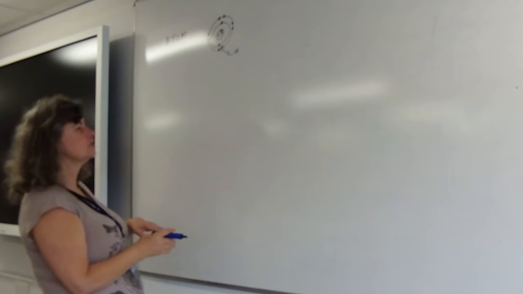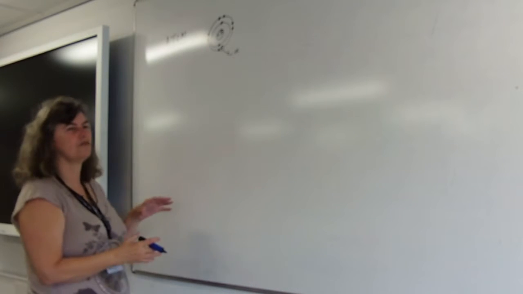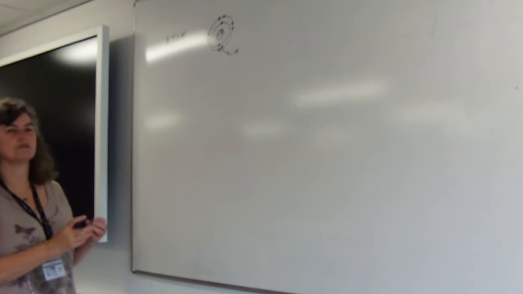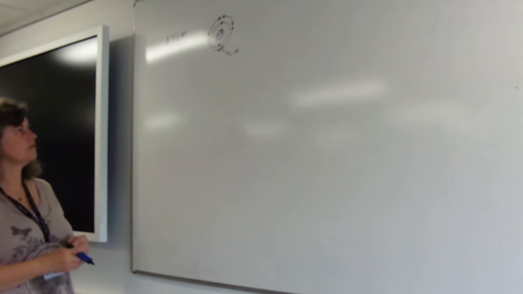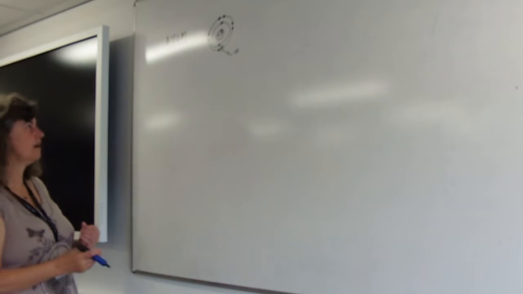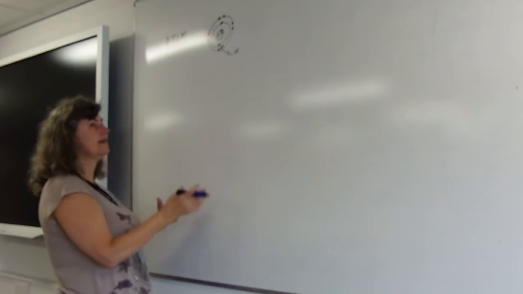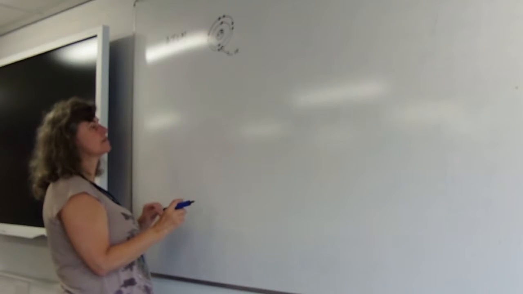And in order to achieve that sort of perfect 8 electrons in the outer shell or 2 electrons in the inner shell, they have to do bonding to share or to actually swap and give an electron away or take an electron from somewhere else.